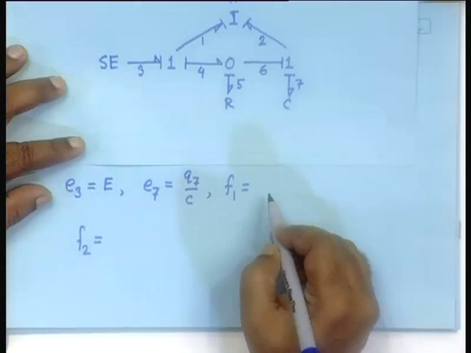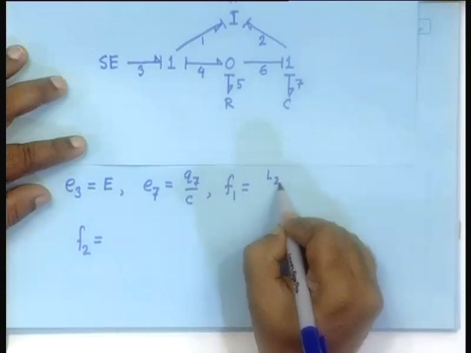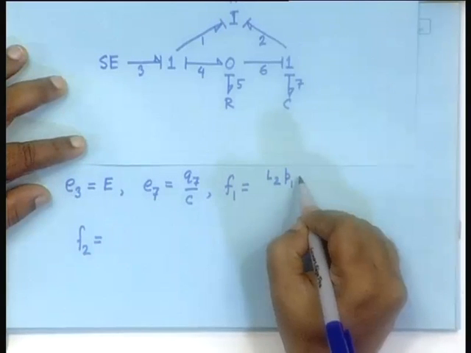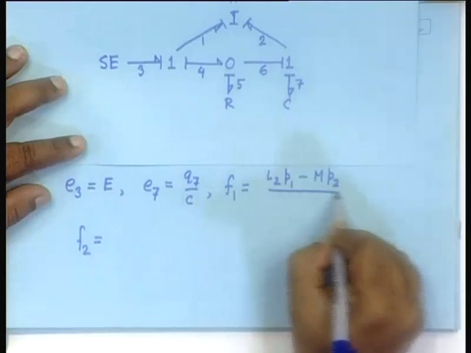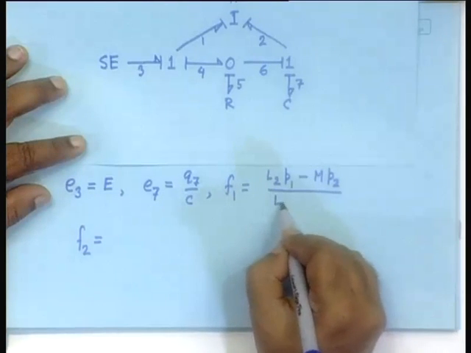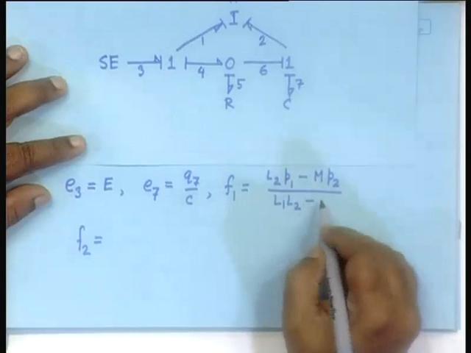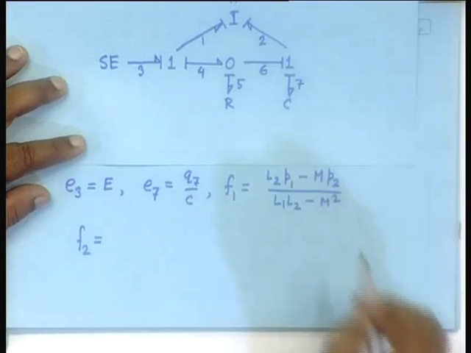It will turn out to be F1 equal to L2 P1 minus M P2 by L1 L2 minus M square.